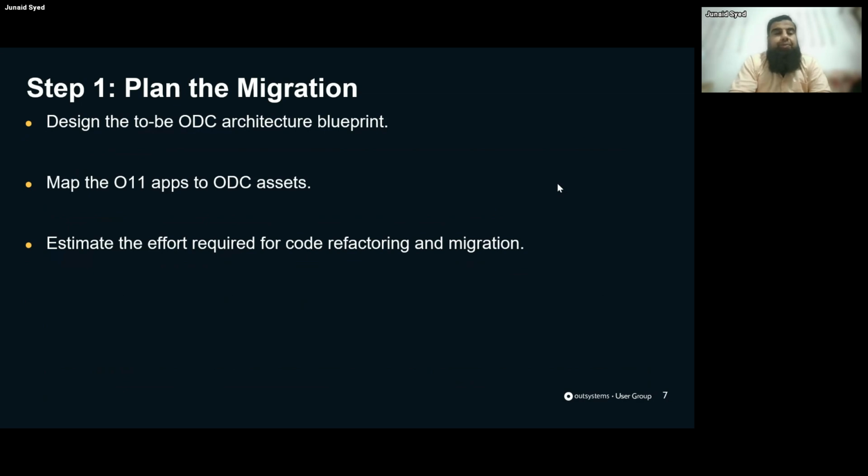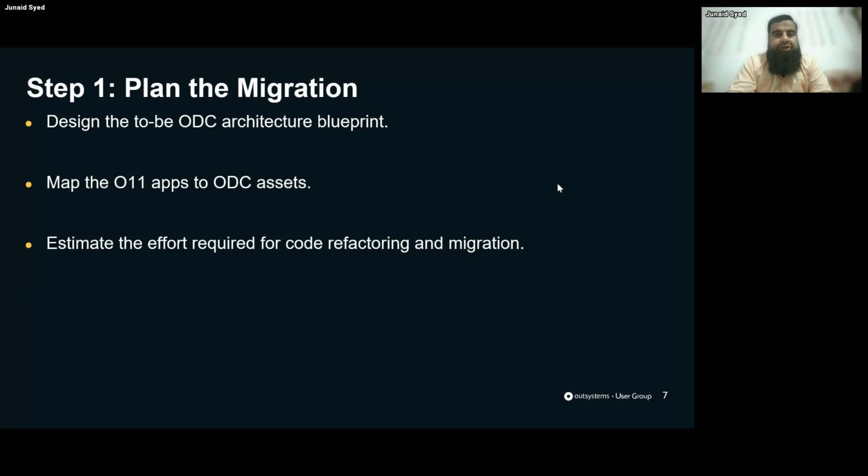And then during the planning part as well, once you have done the assessment of all the applications, and you have decided, okay, what future state you want in the ODC framework, in terms of applications and libraries, there is an activity which is performed, we call it creating an architecture blueprint, right? So I believe in earlier ODC sessions last year, you had gone through this exercise of how to create a blueprint of architecture.